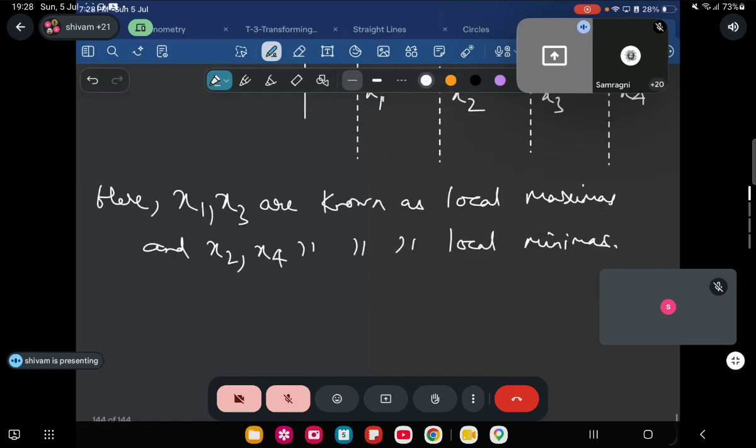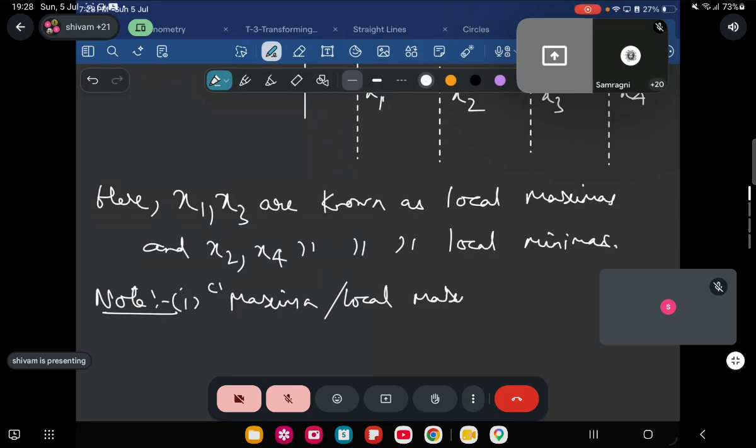Okay, note number 1: maxima or local maxima or relative maxima all have the same meaning.